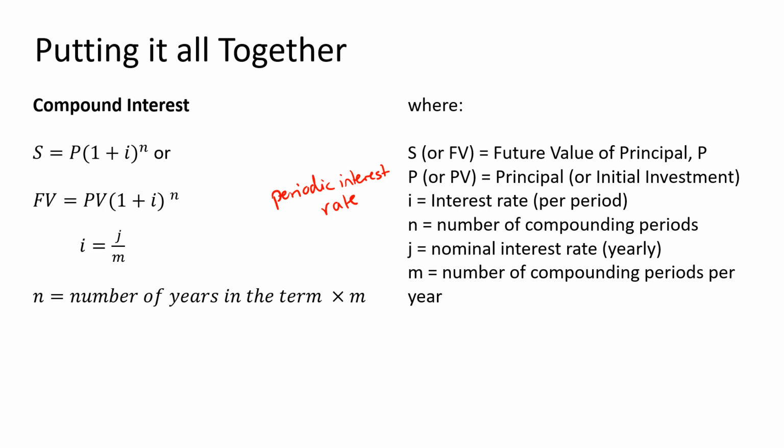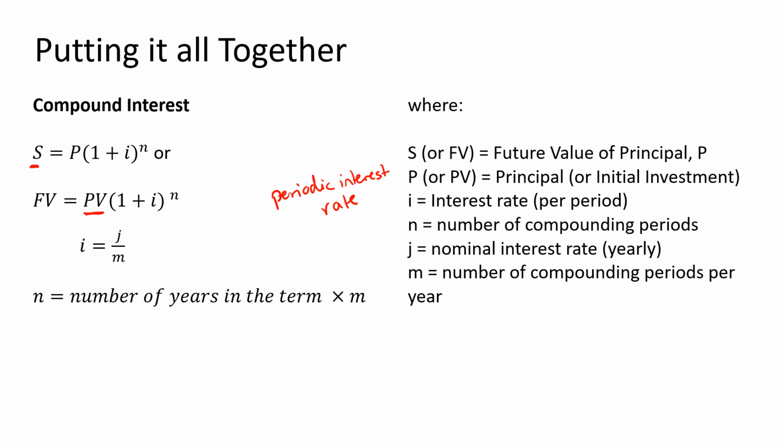P is known as our principal, or initial investment. The other term you see used for that is present value. How much value was invested today to amass a certain value in the future. S is known as the sum.